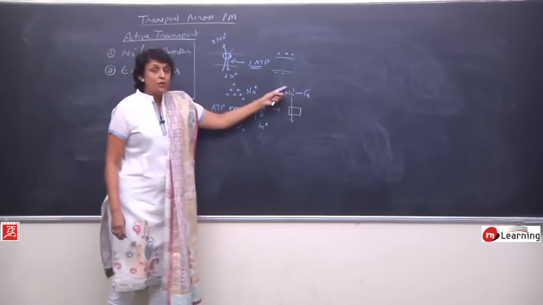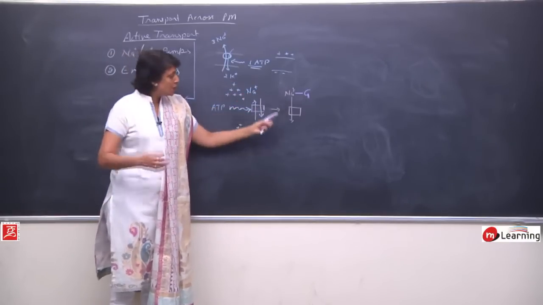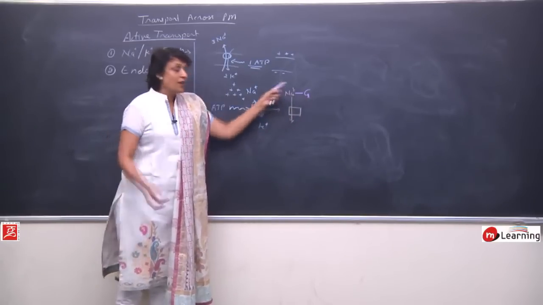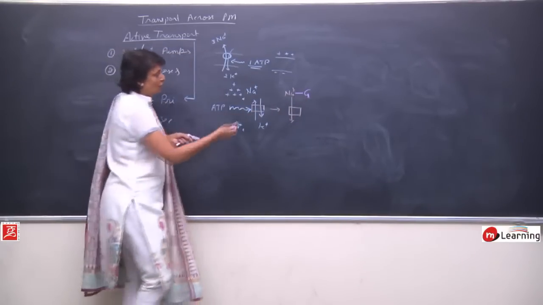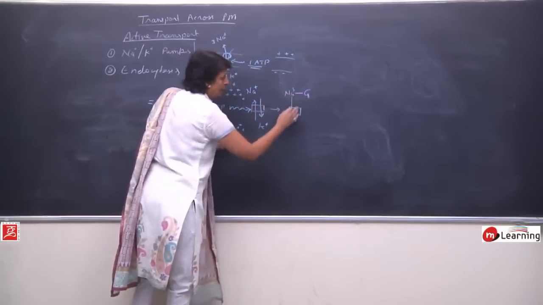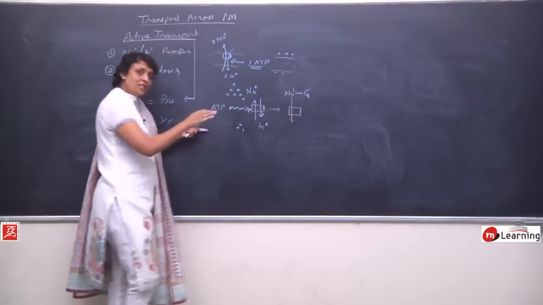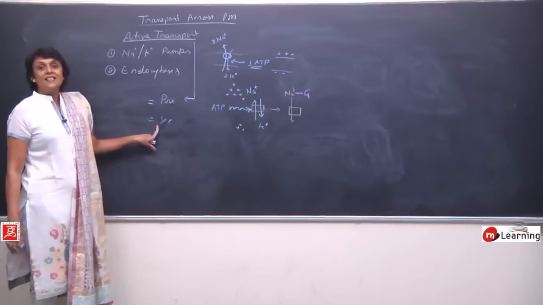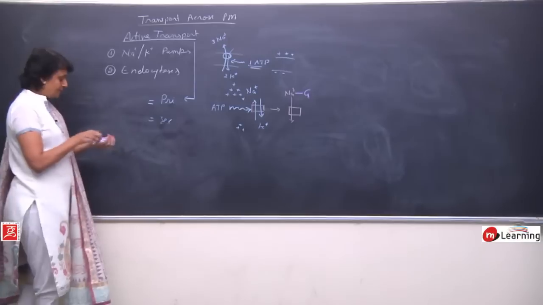When these ions move from higher concentration to lower concentration, some other substances like glucose accompany them. So with this, glucose will come in. Is energy directly spent for exchange of glucose? No. So that is secondary transport.